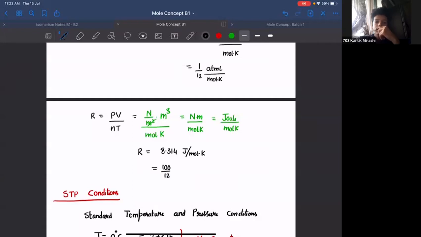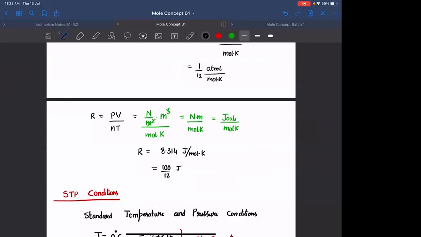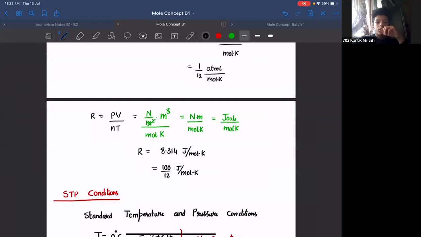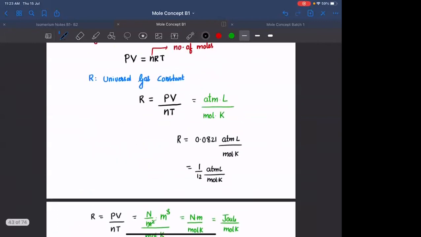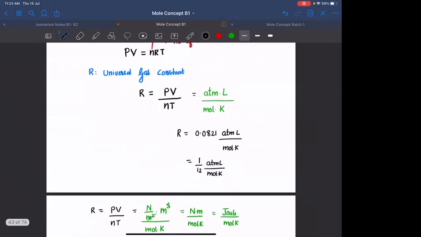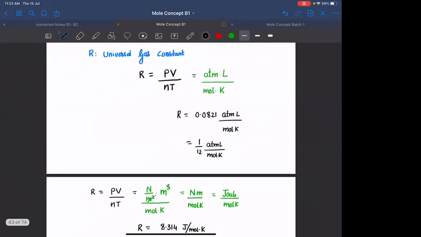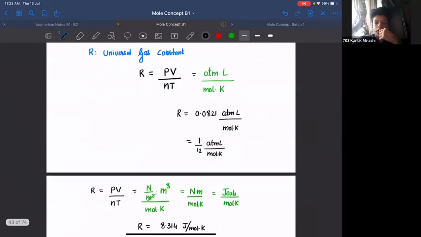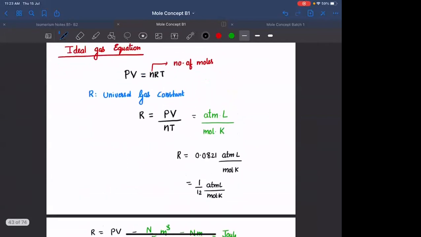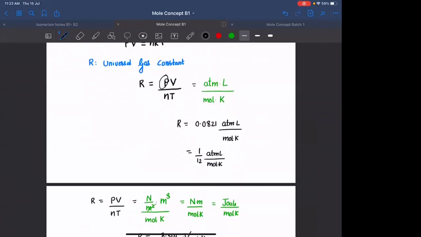Sir, one is 1/12, the other is 100/12. Yeah, tell me, Karthik. Sir, how can a constant have two different values? It is based on two different units, na? In two different units, the values are changing. I'm not having the same unit. If I am substituting the pressure in terms of atmospheres and the volume in terms of liters, then I'm getting the value as 0.0821.